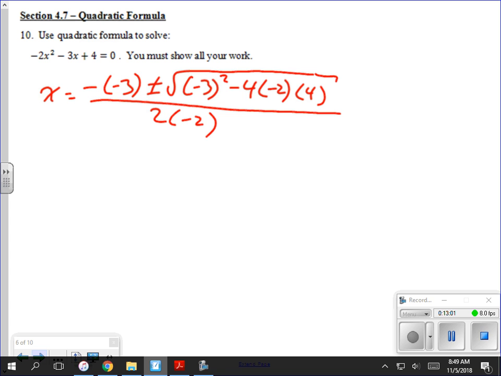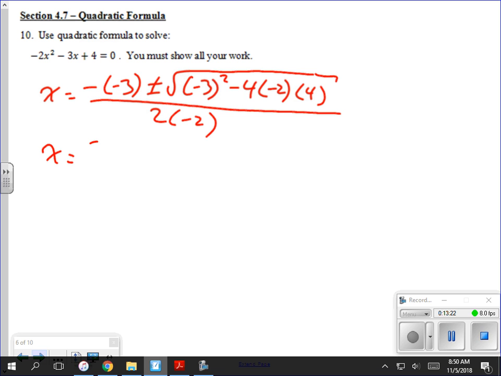Once again, notice, just like when we did this last week, I did not simplify anything. I just plugged the numbers into the formula. First mistake students make is trying to do it in their head before they even write it down. Write it down first, and then start solving it, and don't do too much at once.